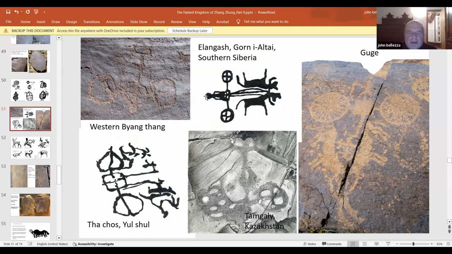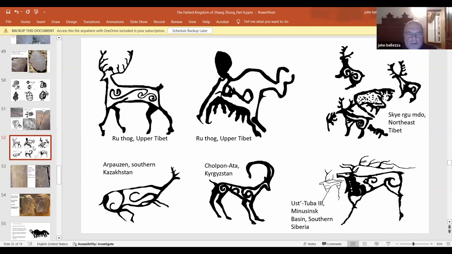And as we can see here, particularly these ostensibly early types, they also reached Tibet around the same time, and certainly by the late Bronze Age. So chariots are a marker of prehistoric cultures.